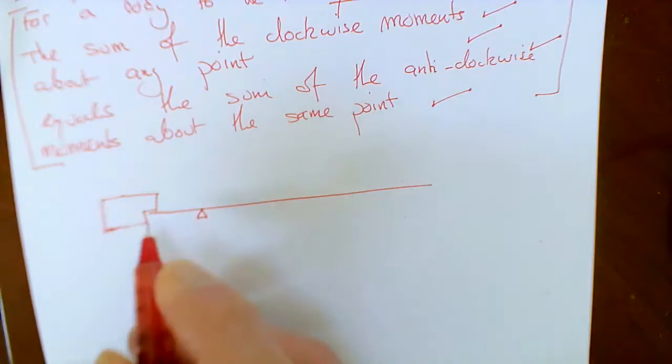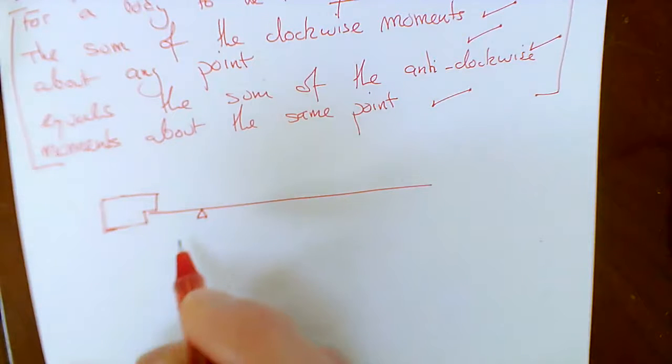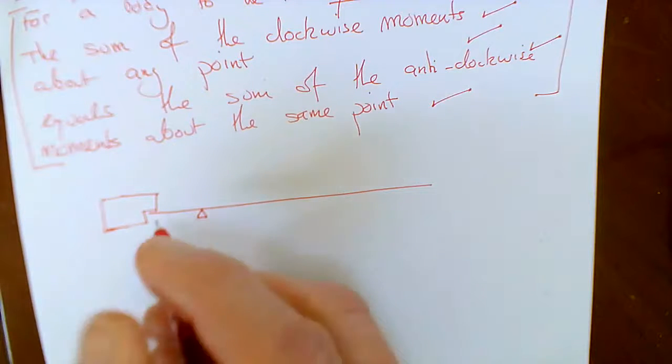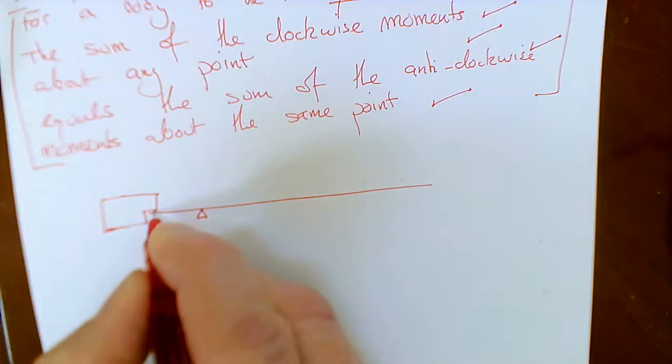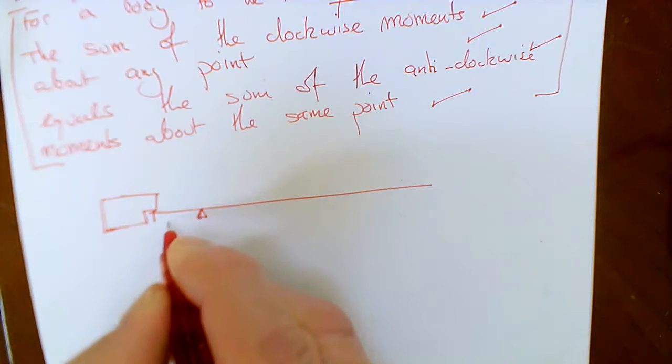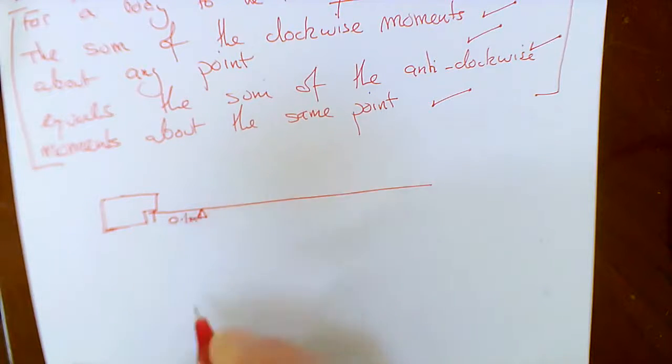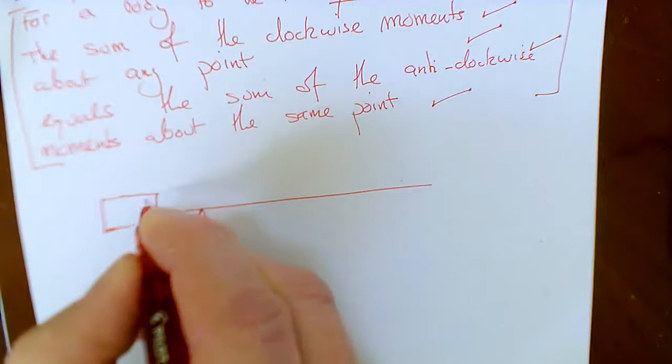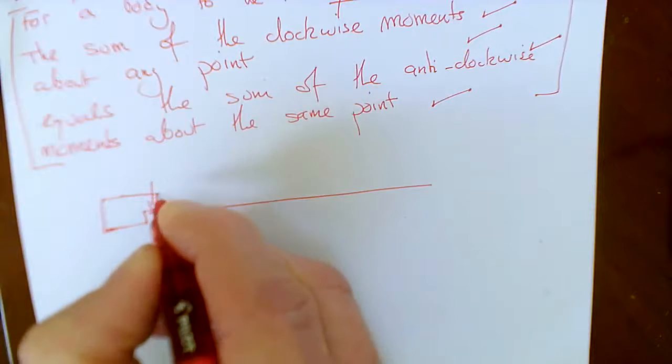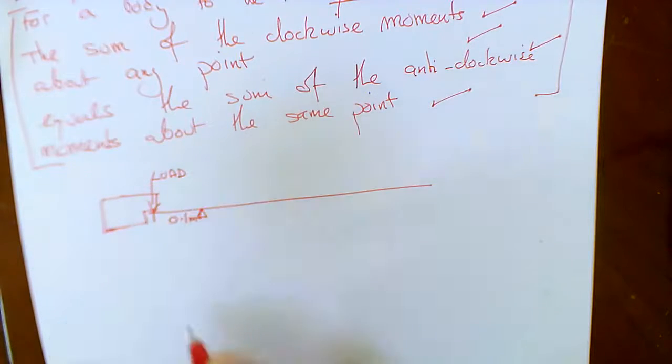I don't have any imagination, so my rock is very geometric. Let's say the distance between here and here is 10 centimeters. And this is the force exerted by the load, this big rock in the garden.